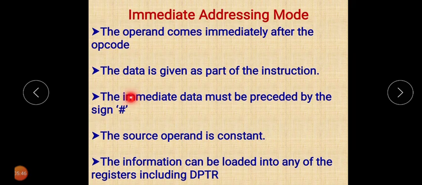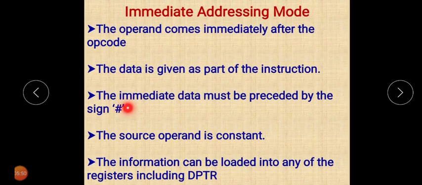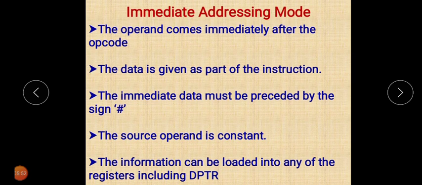That is, wherever we see this hash symbol, we can understand that it is nothing but the data which is given immediately after the opcode. And this type of accessing or specifying data is called immediate addressing mode. Here the data cannot be changed. So therefore we say that the source operand is constant.